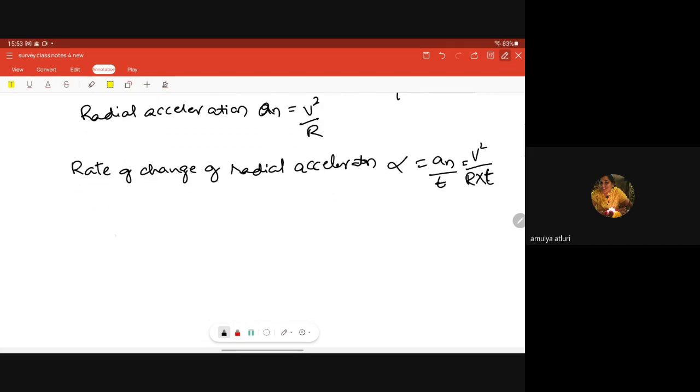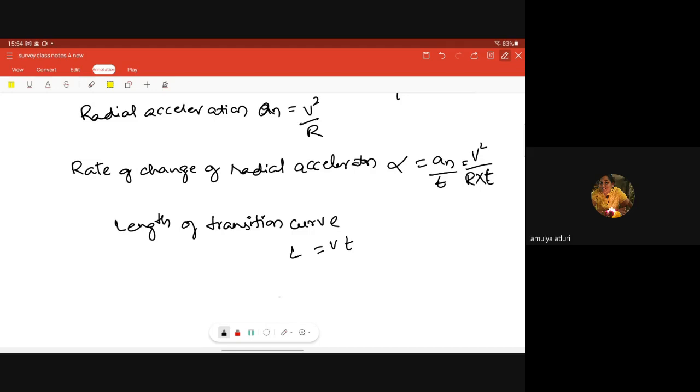So now let's do the length. We need to know the length of transition curve, right? So L is equal to, as you know, v into t, right?